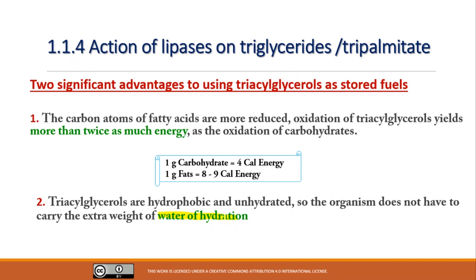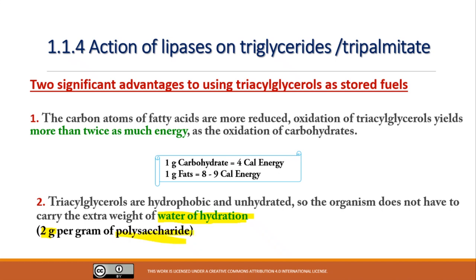Now, this water of hydration plays a very important role when we consider other molecules like polysaccharides, because you require 2 gram of water of hydration for 1 gram of polysaccharides.